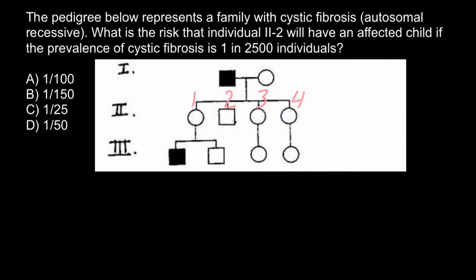We have to find the probability that individual 2, if he would marry and have a child, would have an affected child.